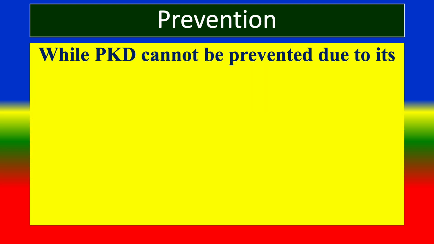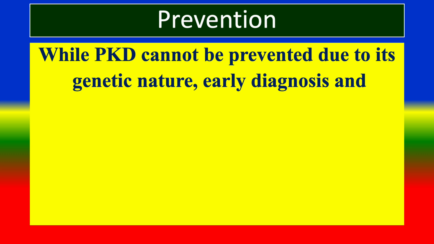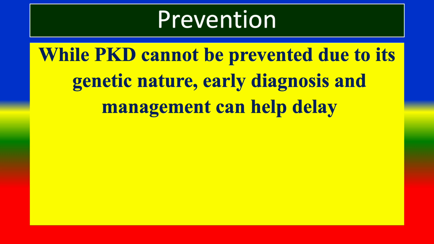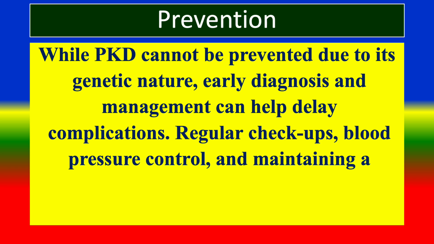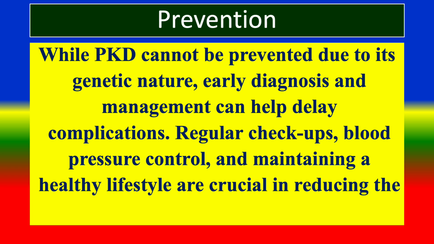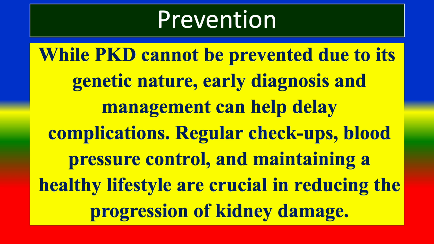Prevention. While PKD cannot be prevented due to its genetic nature, early diagnosis and management can help delay complications. Regular checkups, blood pressure control and maintaining a healthy lifestyle are crucial in reducing the progression of kidney damage. 1.